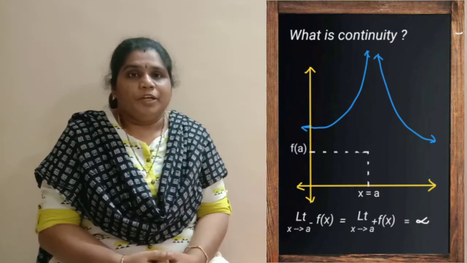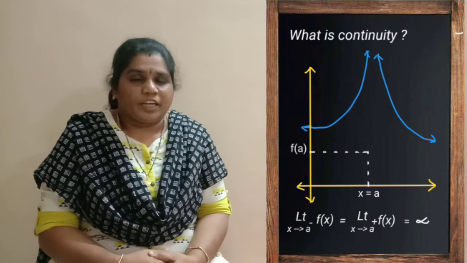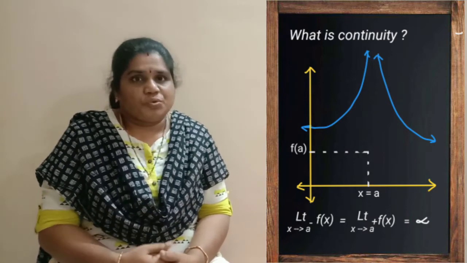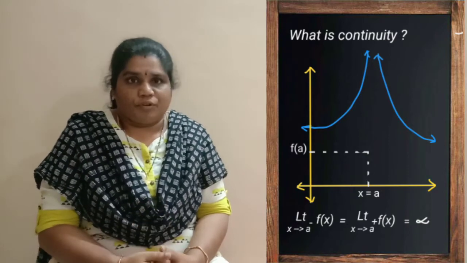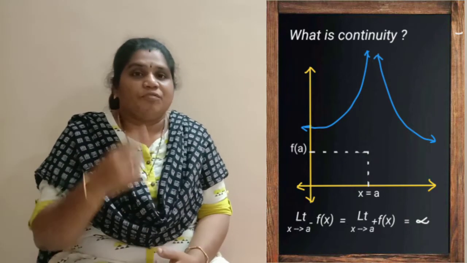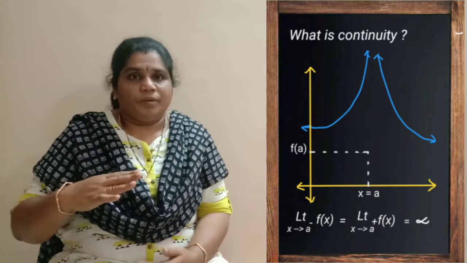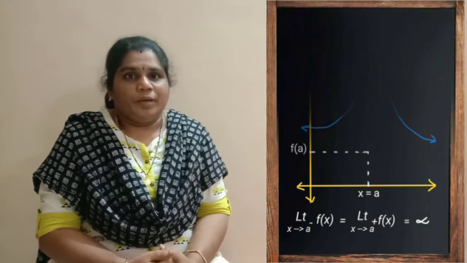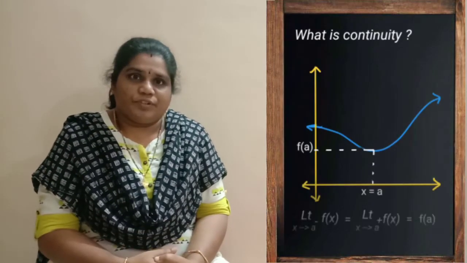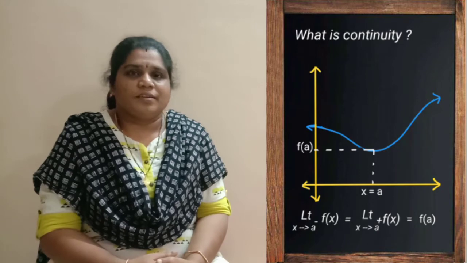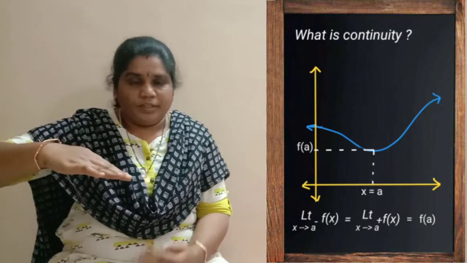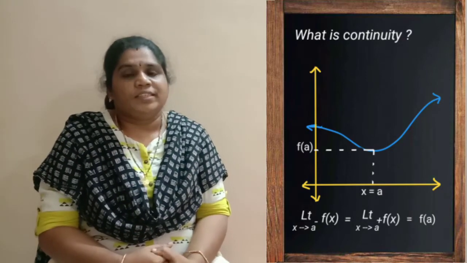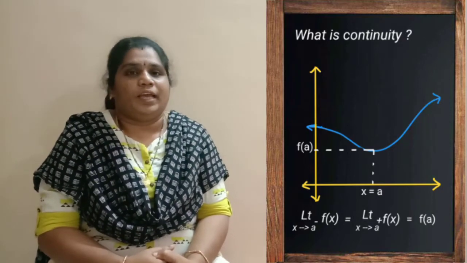That means limit x tends to a minus of f of x is equal to limit x tends to a plus of f of x, which tends to what? Infinity, because the left hand limit and the right hand limit meet at infinity. And the last graph is here. You may see the left hand limit and the right hand limit meet at one point, call it x is equal to a.